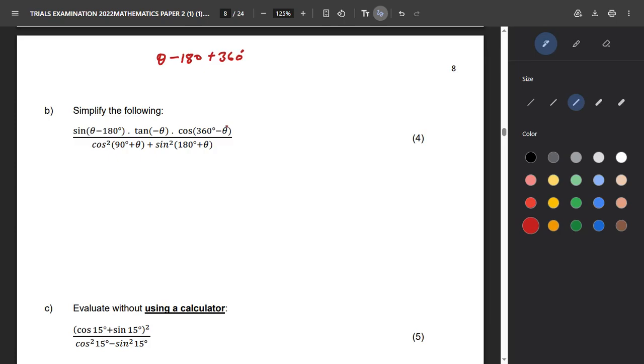I'll show you. So this will be the same as theta plus 180. You understand? So this is the same as the sine of 180 plus theta.